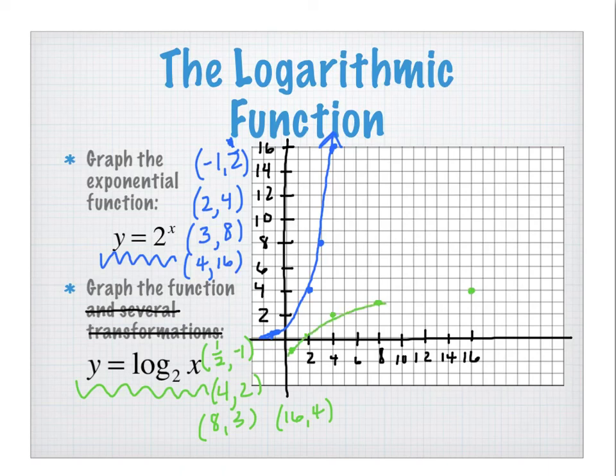So just as we learned about inverses, they are opposites. If I was to graph the y equals x line, you can see that they are perfect inverses. If I folded it over, the blue one and the green one would line up very nicely.